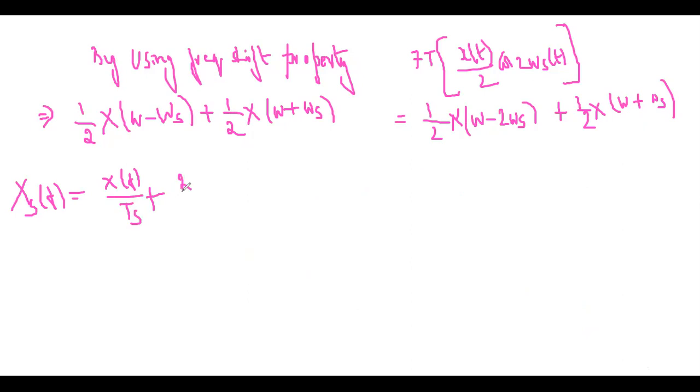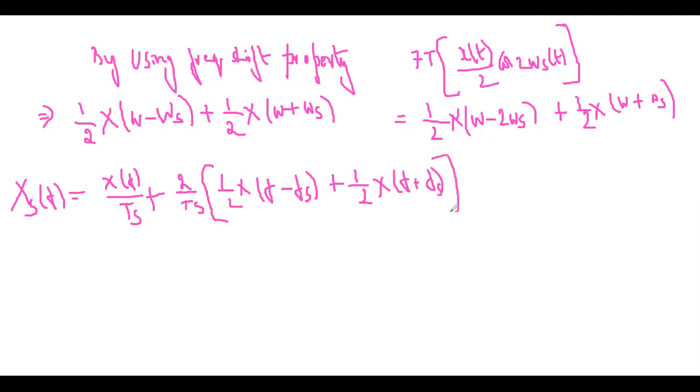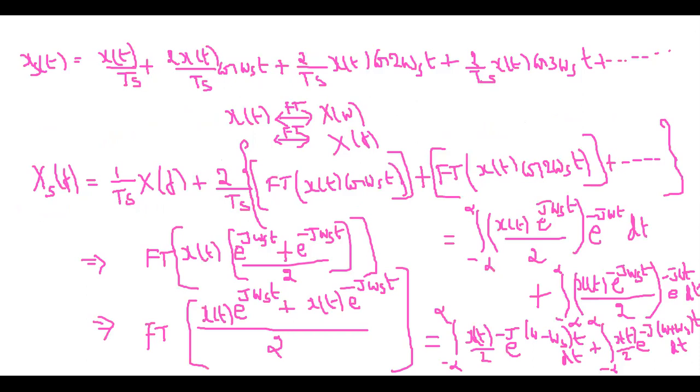2 by ts. What is a Fourier transformation? This one is a Fourier transformation. 1 by 2 x of f minus fs plus 1 by 2 into x of f plus fs, and here also these are 2 by ts for these two terms.